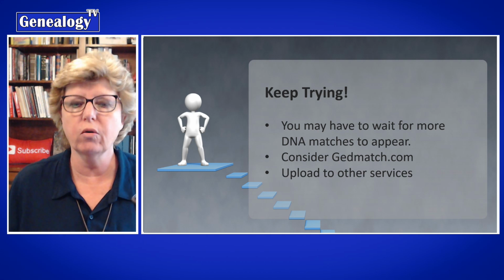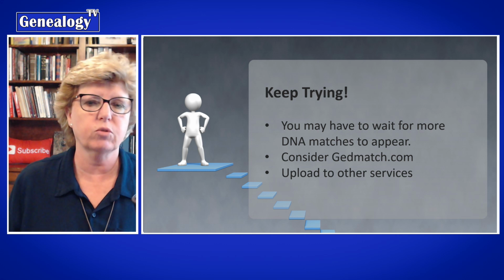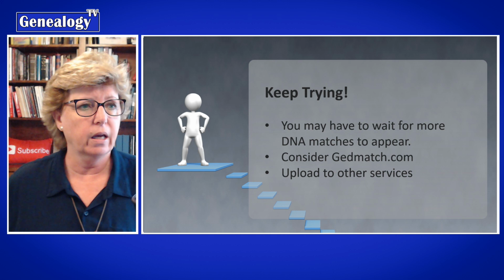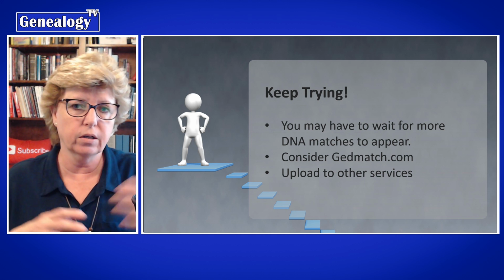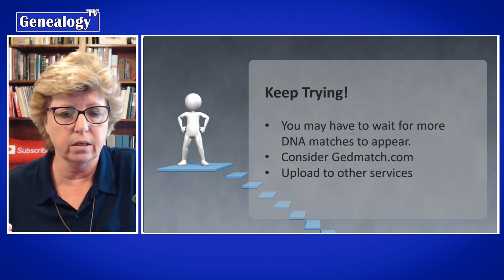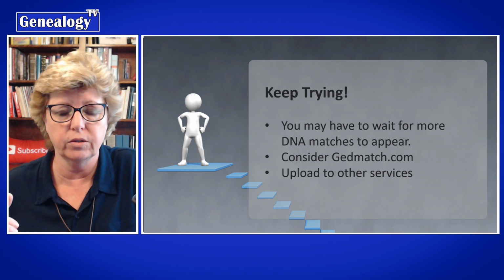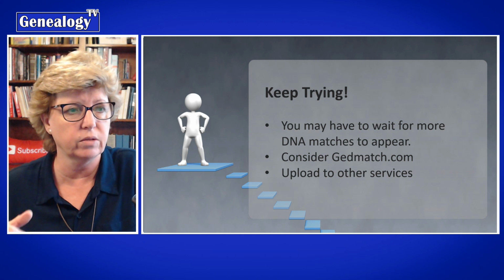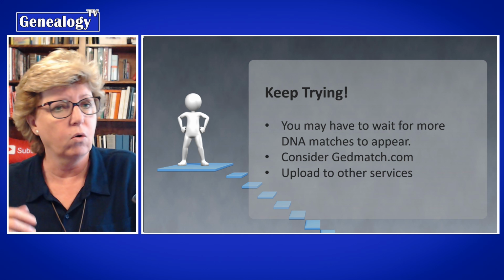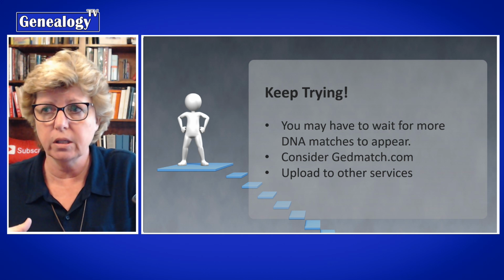So if you don't find success with this, keep trying. You may have to wait for more cousin matches to show up. And you can consider uploading your DNA to GEDmatch. I've got another video about how to download your raw DNA from Ancestry. You can then upload it to another service like GEDmatch or MyHeritage or some of the other services.